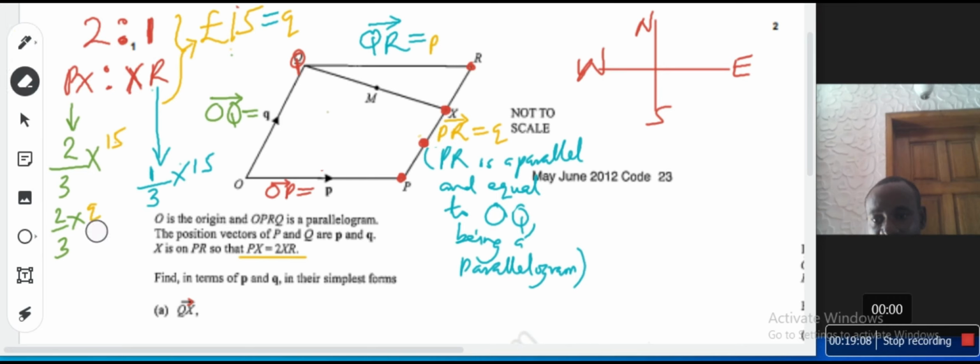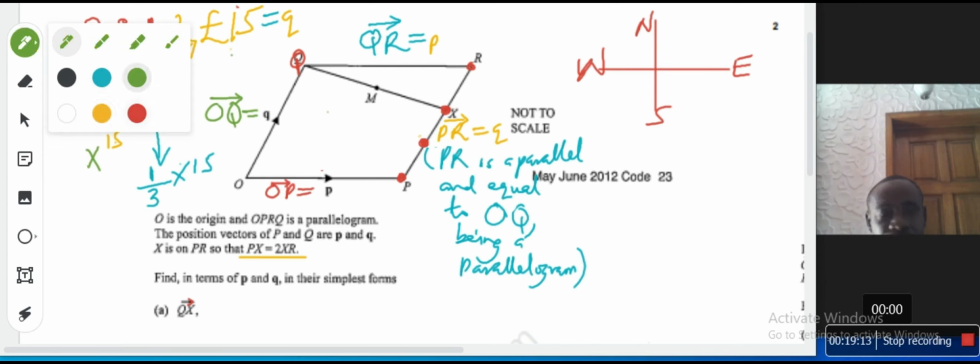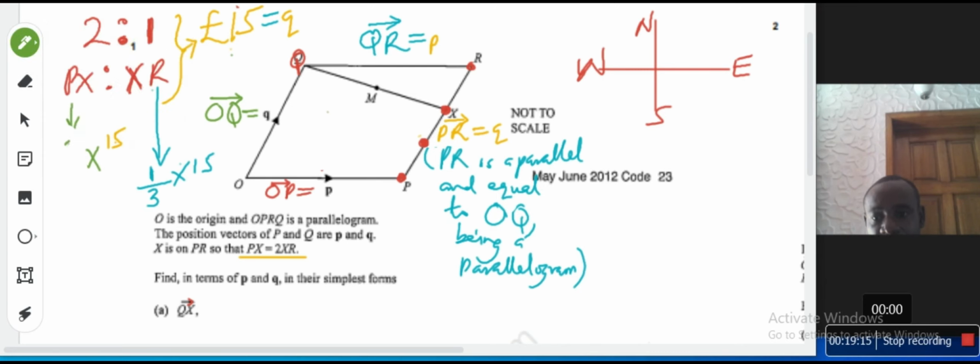So let me write this all. Remember, if it was 15 they were sharing, it would have been 2 over 3 times 15.